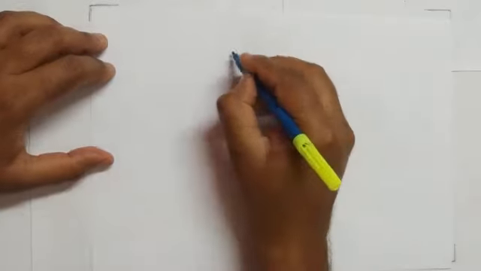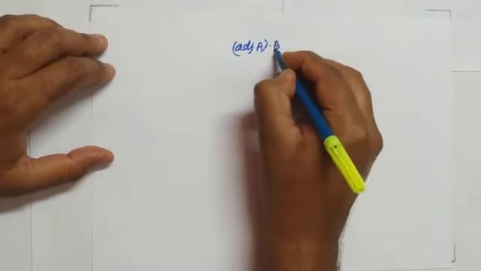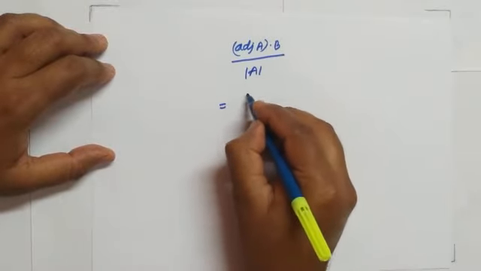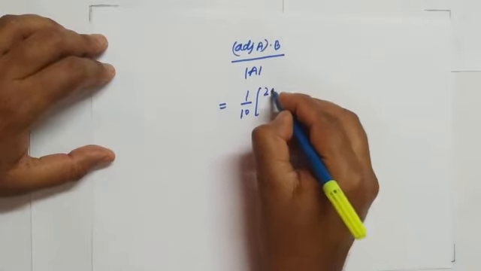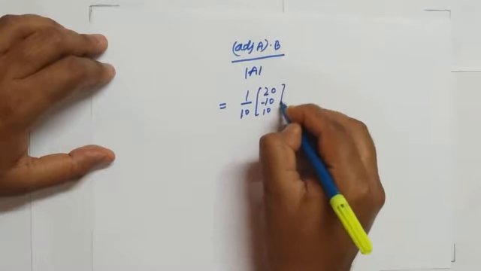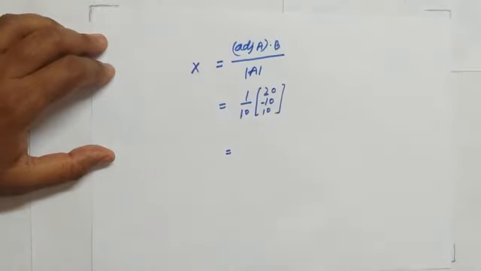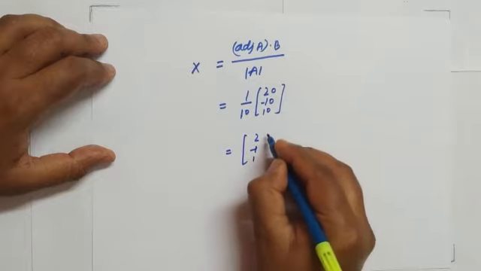Now see further. Adjoint of A multiplied with B divided by the determinant of A, that is equal to 1 upon 10 times 20, minus 10, 10, that is equal to 2, minus 1, 1.